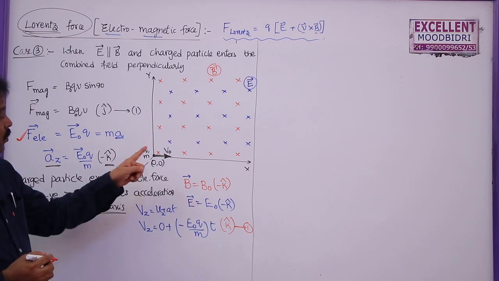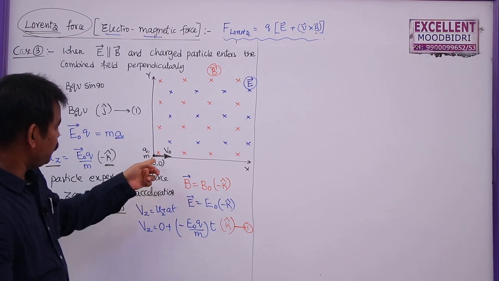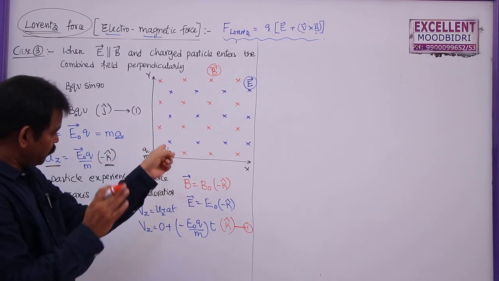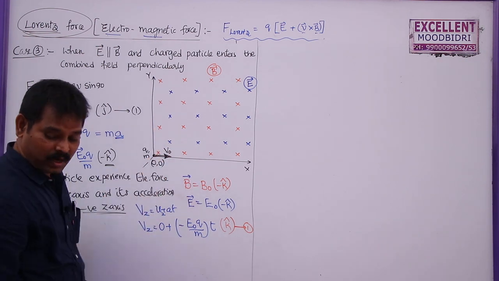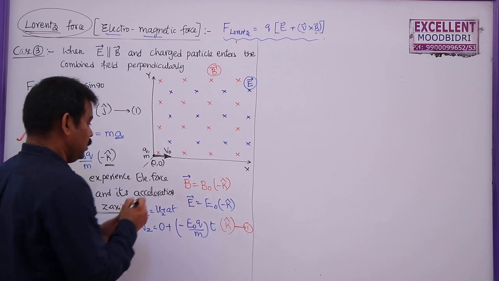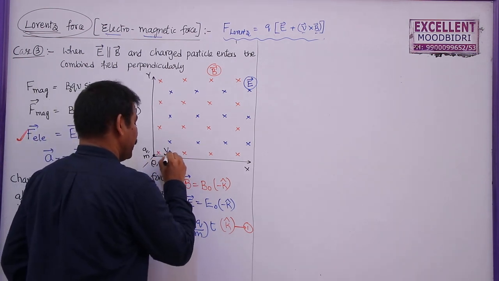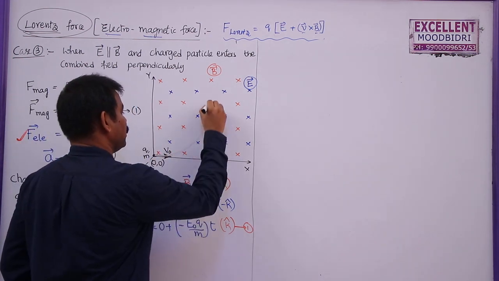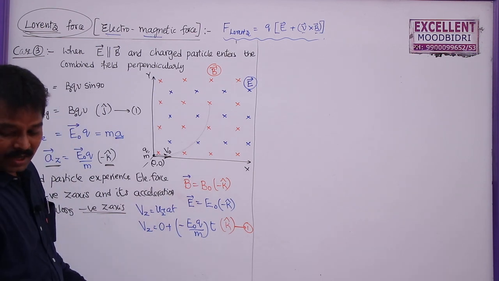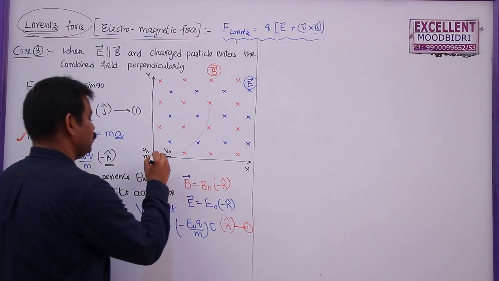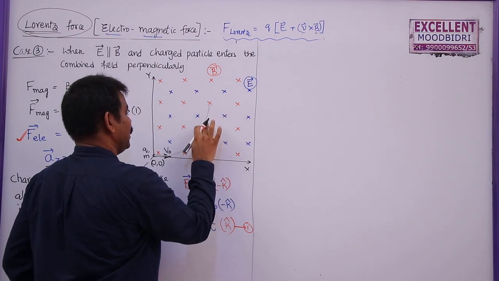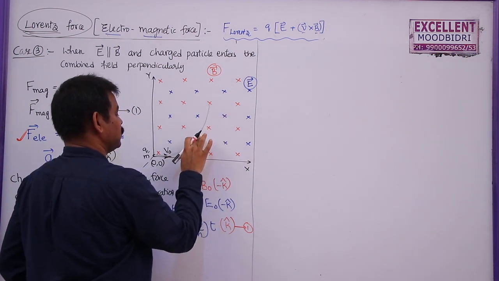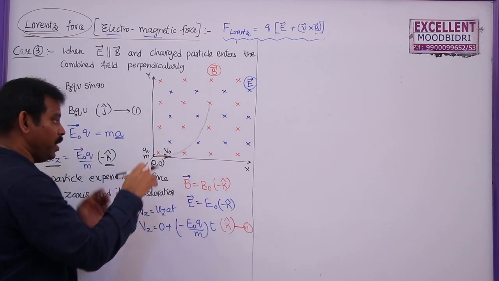But whenever a charged particle enters a magnetic field, the field is into the board, and the charge will experience a force in this direction. So what will be the direction of the motion of the charged particle due to the magnetic field? It will be a circular path, because whenever the velocity is perpendicular to the magnetic field, it moves in a circular path. So this is the circular path of the charged particle due to the magnetic field.